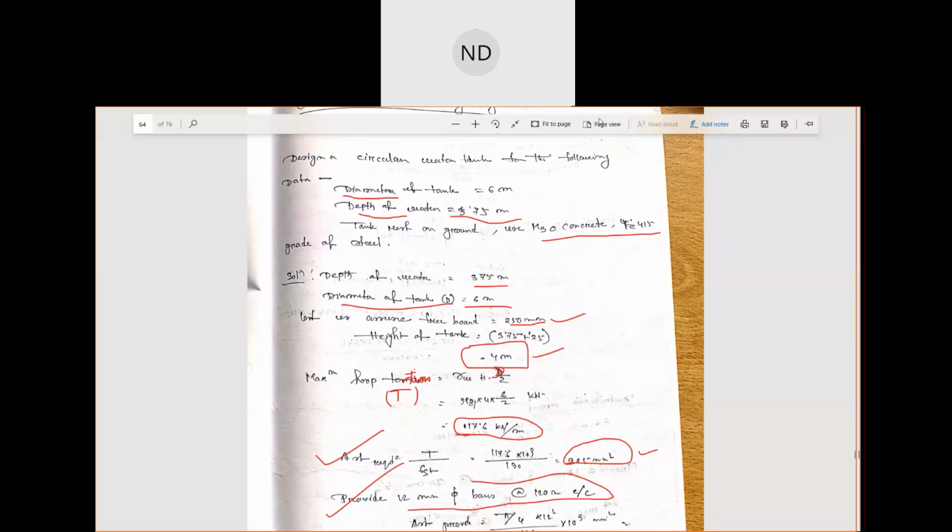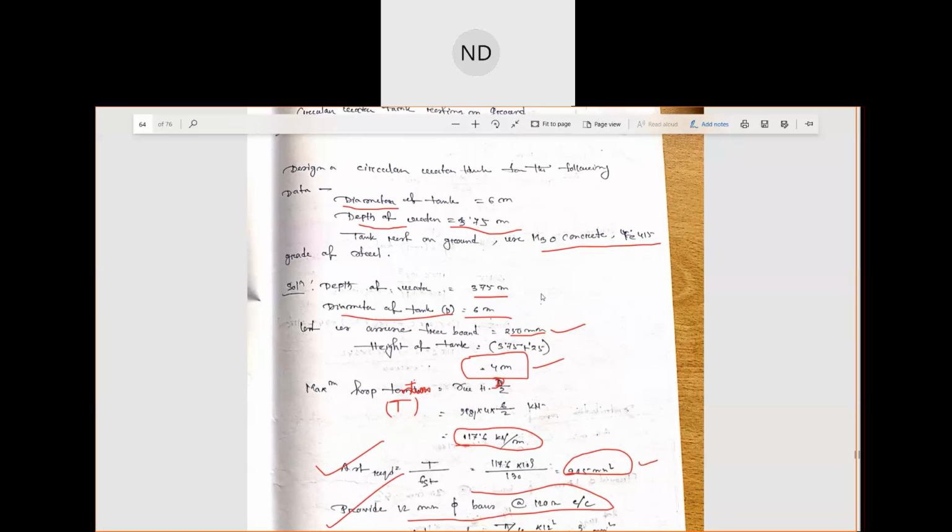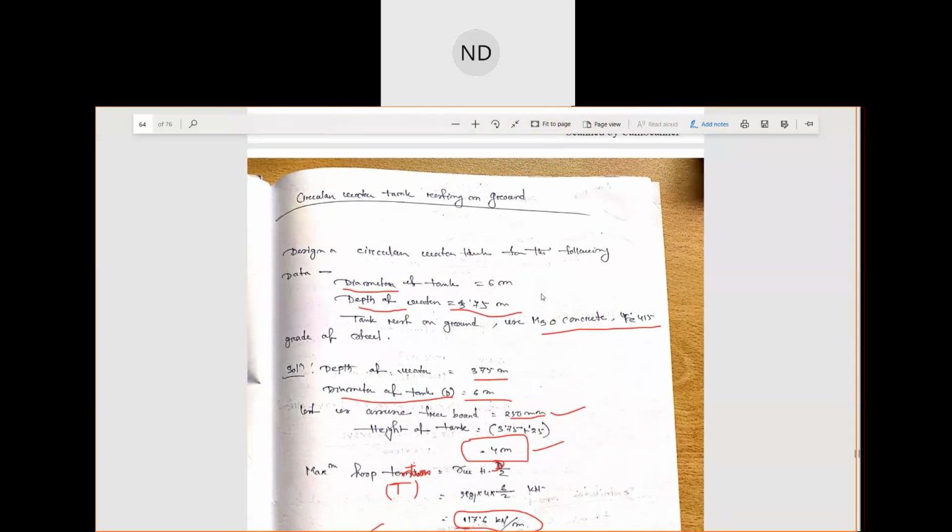Are you there, students? Last class in the rectangular tanks, did we do till the base slab of the rectangular tanks and also the figure?